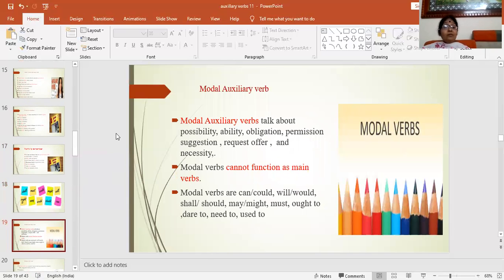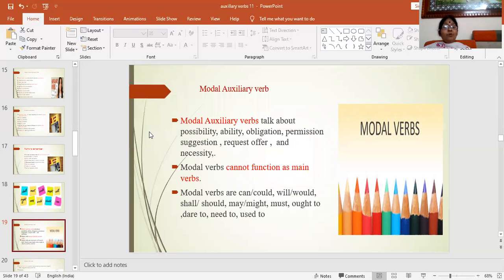So, modal auxiliary verbs talk about possibility, ability, obligation, permission, suggestion, request, offer, and necessity, right? Modal verbs cannot function as main verbs. Now, the main difference between primary verbs and modal verbs is that modal verbs cannot function as main verbs, right?